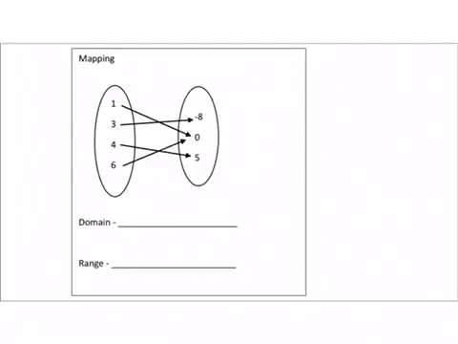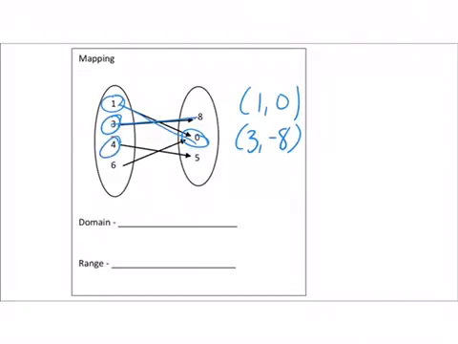And for our last example, we have a mapping. A mapping is just a kind of a pictorial way of showing you how the domain and range go together. So if you've never seen one, it's like this. You have 1 goes with 0. So if you were to write that as an ordered pair, it would look like that. And 3 goes with -8. And 4 goes with 5.